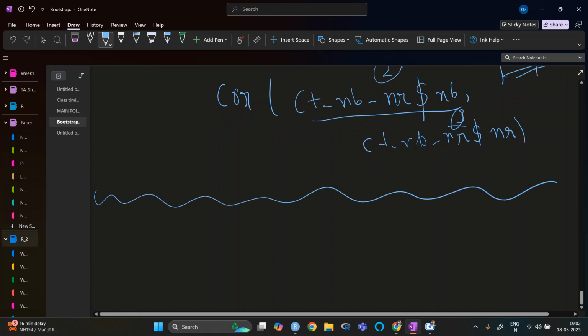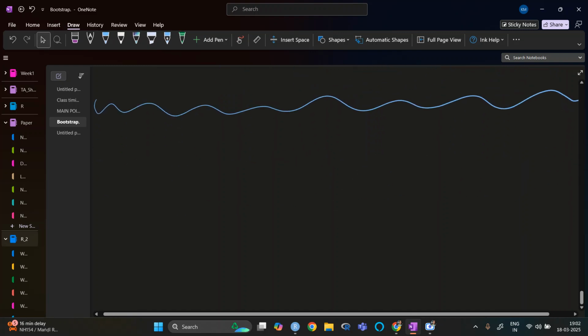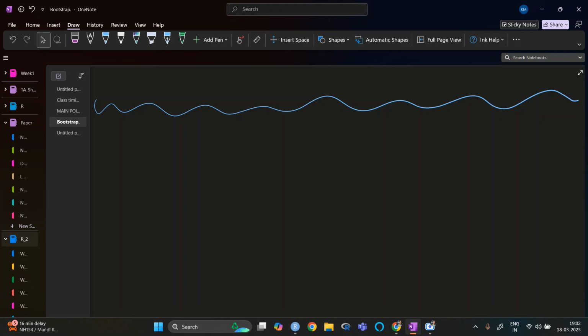The general way is that when the sample variance is known, we take the z, and when the sample variance is not known, we take the t to find the confidence interval, if you may recall the previous classes. Here there are not just two methods, there are five methods for bootstrap confidence intervals.